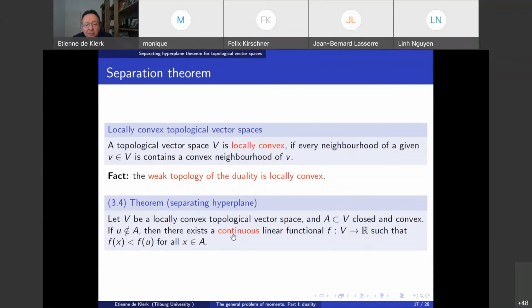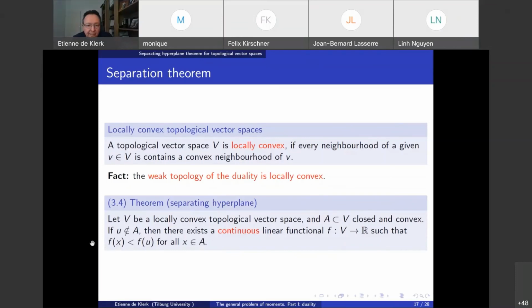So there exists a continuous linear functional that maps F to R such that the function value at the point Q is greater than the function value for everything that lies in the set A.